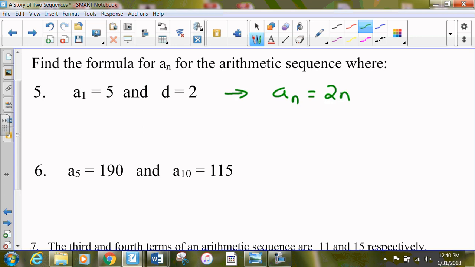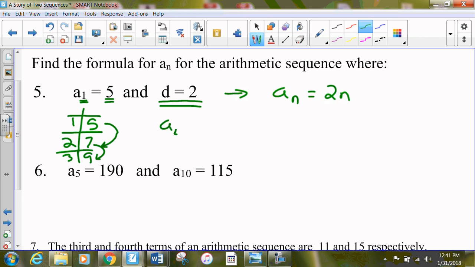So once again, I can look at my table. A lot of people seem to understand this best using a table. My first term is 5. Since my D is 2, if I move down the table, my second term would be 7, my third term would be 9, and that's nice and everything, but I need to move up the table so that I can find what my a sub 0 is.